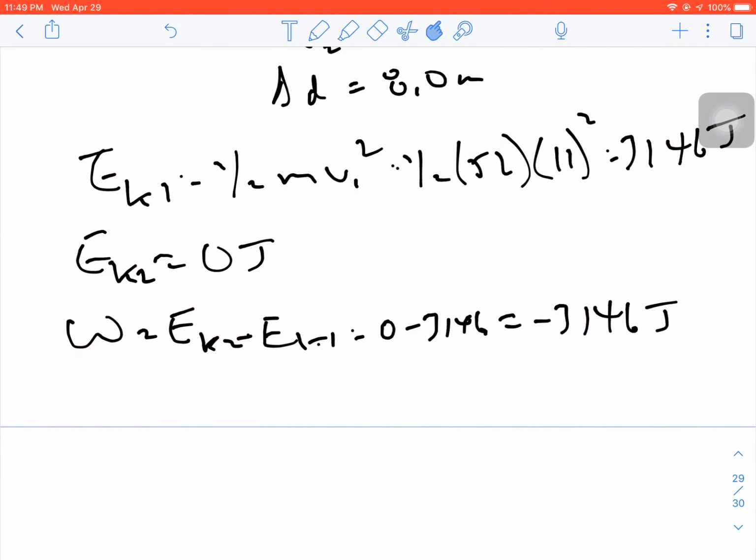The question is asking though, what is the net force on the skater?